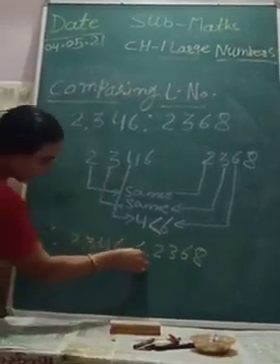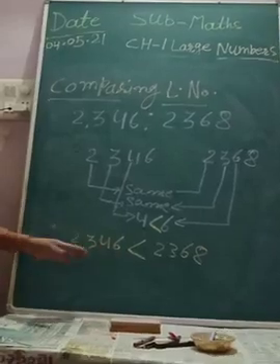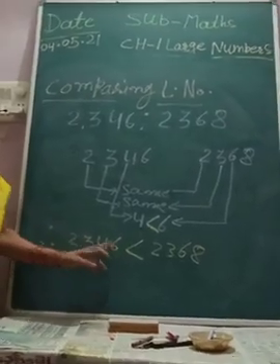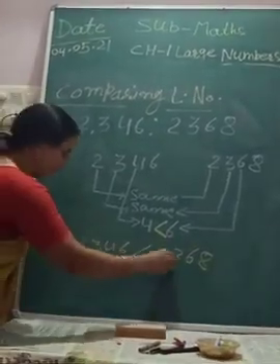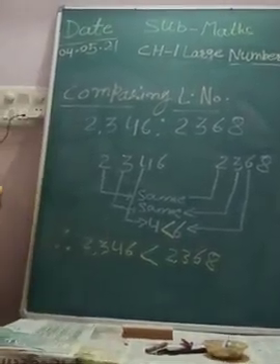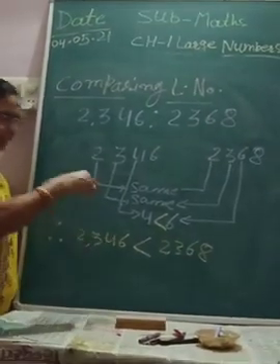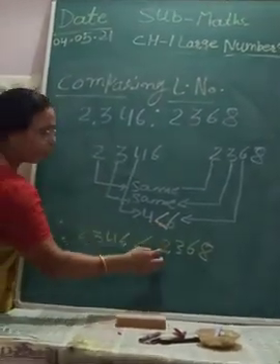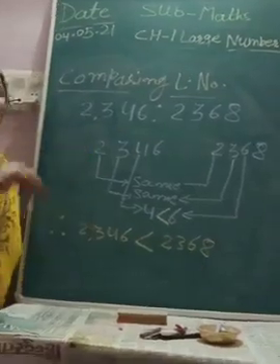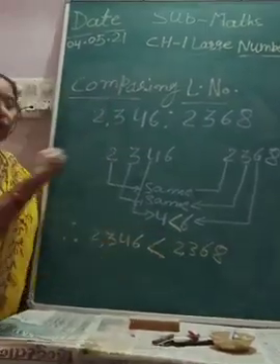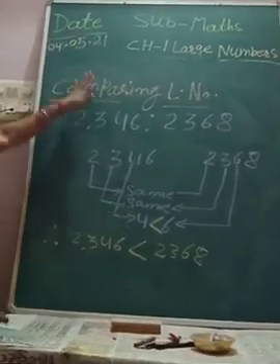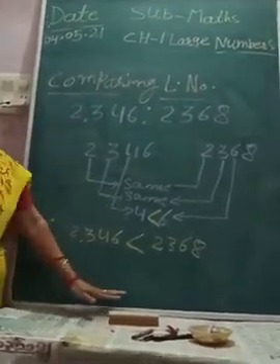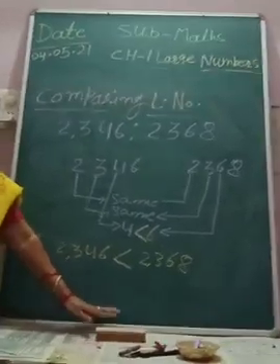You can say 2346 is less than 2368, or you can say the same thing this way: 2368 is greater than 2346. In this way you can compare any number.